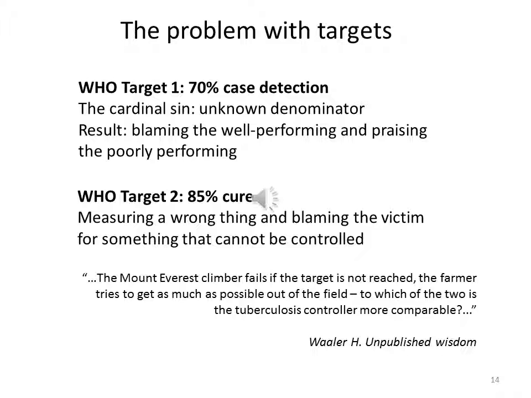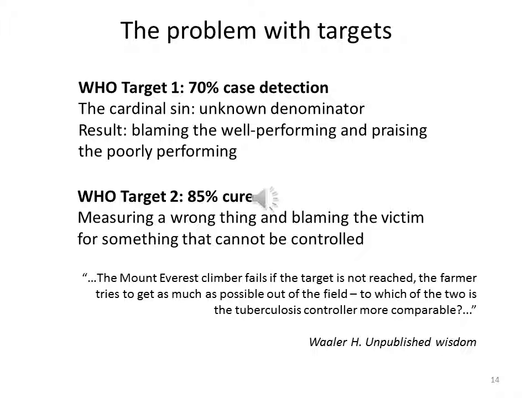The global targets have some weaknesses. Target 1, 70% case detection rate is the aim, and this indicator has not a known denominator. It is only estimated from other data. This can lead to praising the poor performing and blaming the well performing.